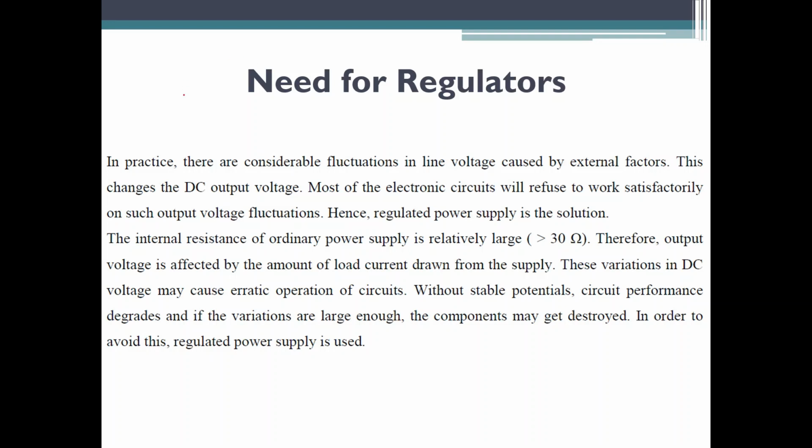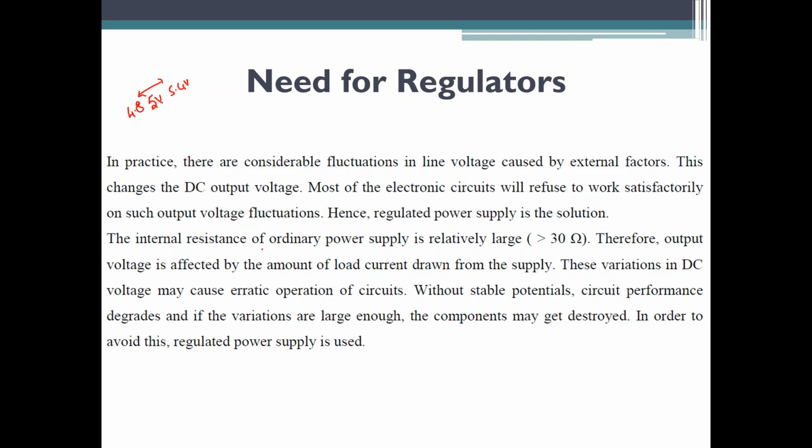For example, if you have a device which works under 5 volt, maybe at the maximum it will work at 4.8 volt, or it may work at 5.4 volt, within this much range. Suppose the voltage falls beyond this, or goes beyond this, the device which works under 5 volt will refuse to work satisfactorily. It means that the device might function, but it will not function efficiently. Hence regulated power supply is the need of the hour. That is why we need to have voltage regulators.